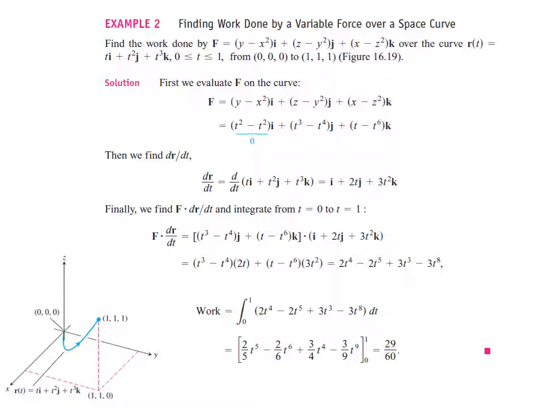Integrating t to the power of 5 gives t power 6 by 6. Integrating t cube gives t power 4 by 4. Integrating t power 8 gives t power 9 by 9. Let us apply the upper limit 1 and lower limit 0. We will get 29 by 60. So this is the work done by the force F along R of t.